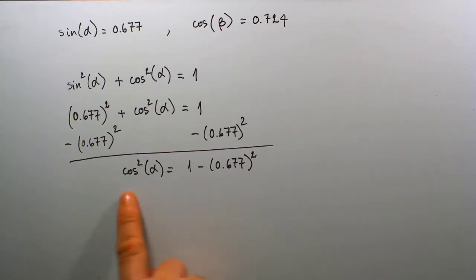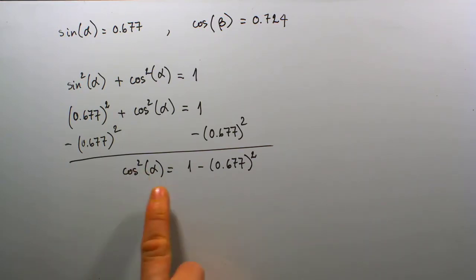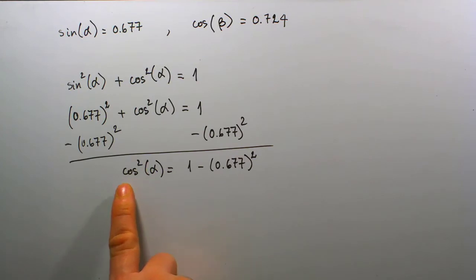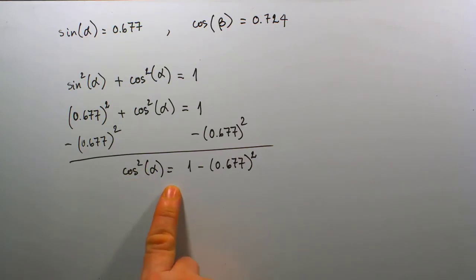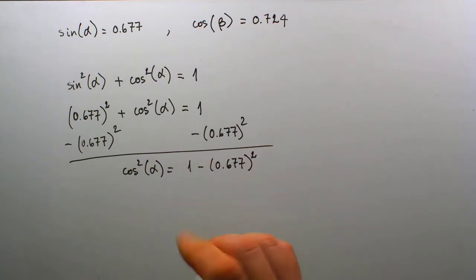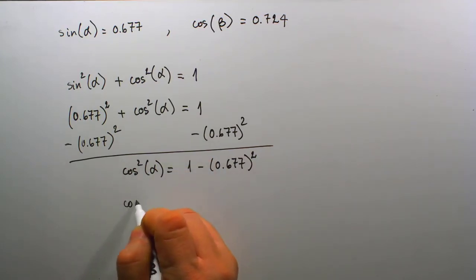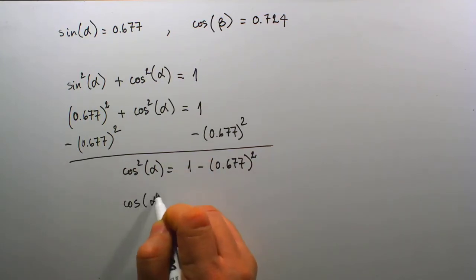But now I am ready to calculate my actual cosine of alpha, because right now I have only found cosine squared of alpha, and that's all equal to this here. Finding cosine of alpha means we have to take the square root of both sides.